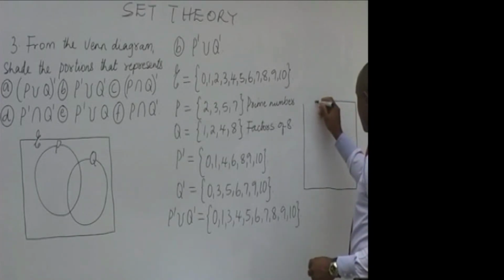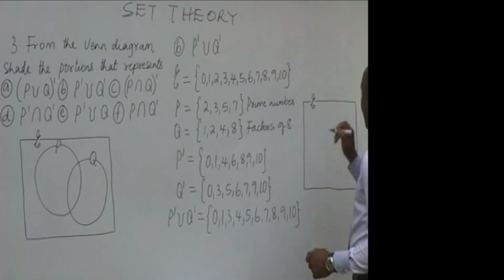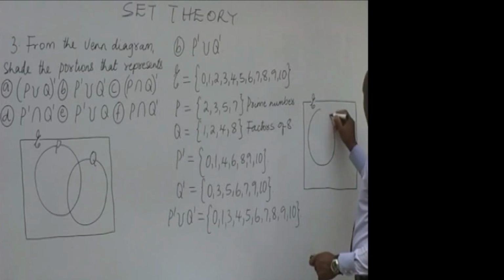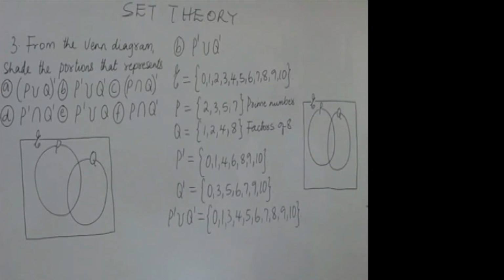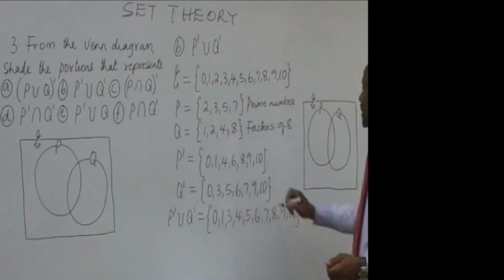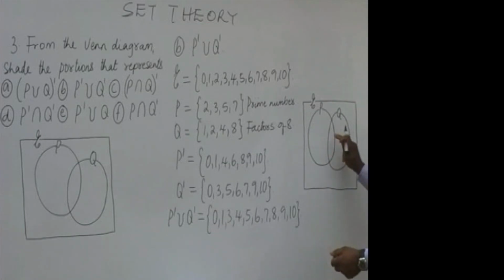So let this be a resemblance of our Venn diagram, where you have set P here and set Q here. All right, so since we are to avoid P intersection Q, that means we are going to shade the whole of this, avoiding this.